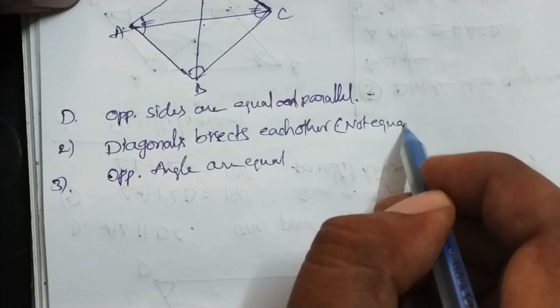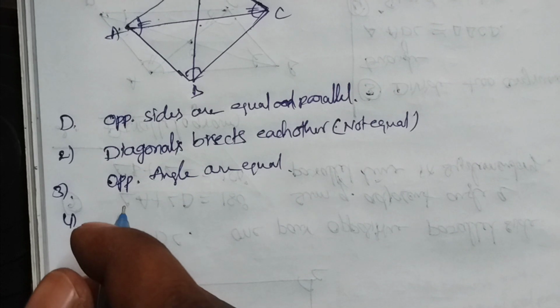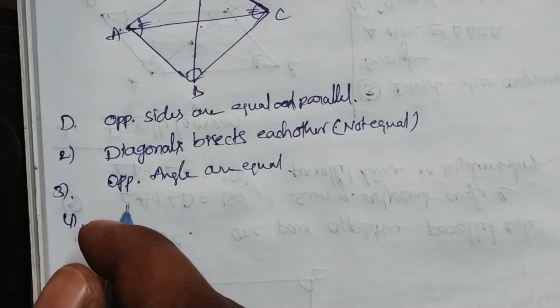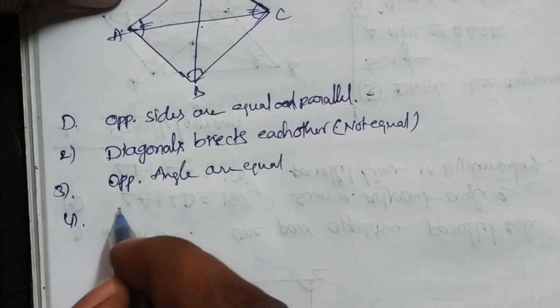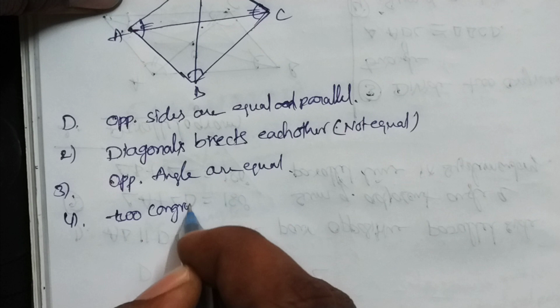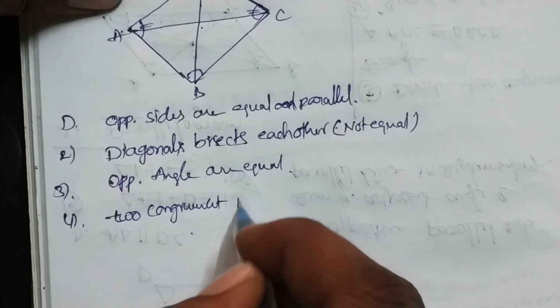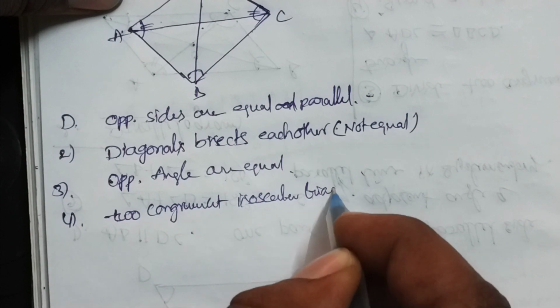Next, fourth one: each diagonal divides the rhombus into two congruent isosceles triangles.